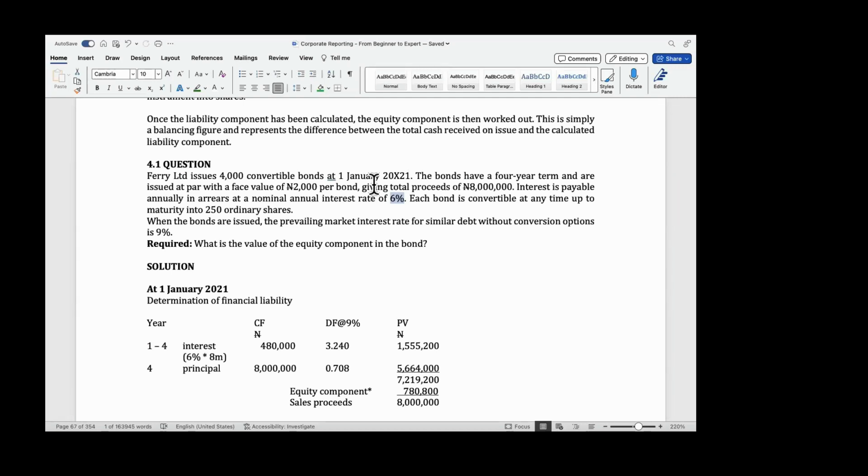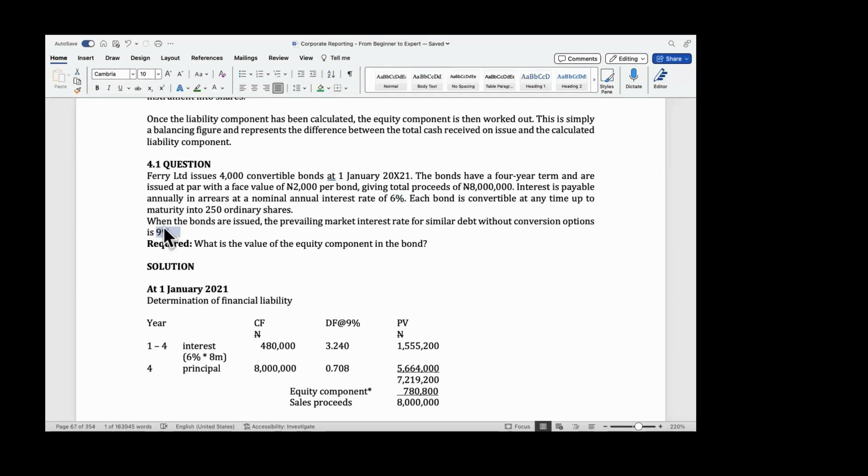But with this kind of contract, the lender is secured because even if I don't have the cash flow to pay back, it can get the shares. So, which is why giving them 6% is okay, even though outside in the market, they can get 9%. Because this one is less risky, that's why this 9% is high. And that's how you're going to find it in your exam.